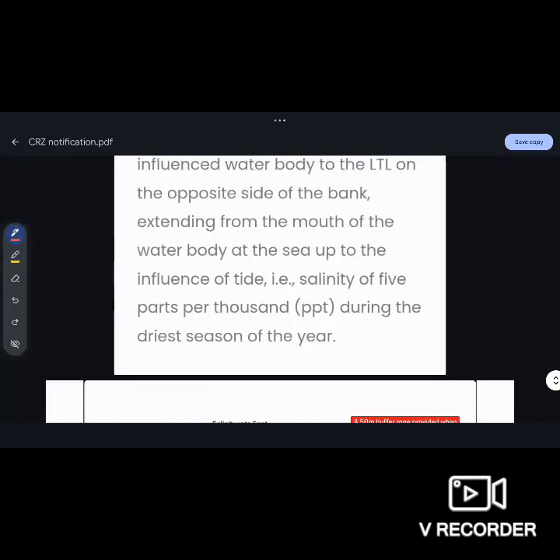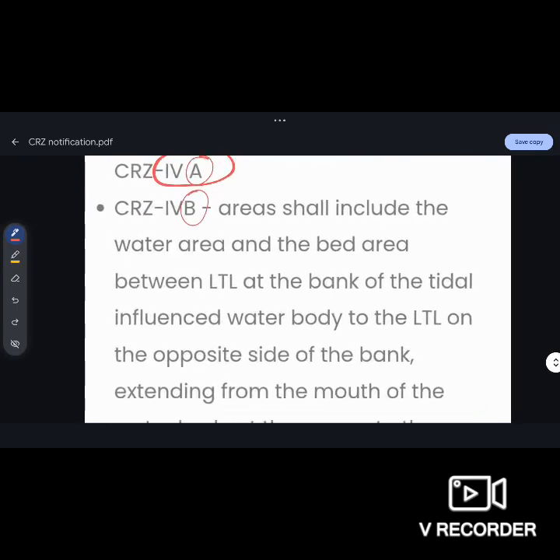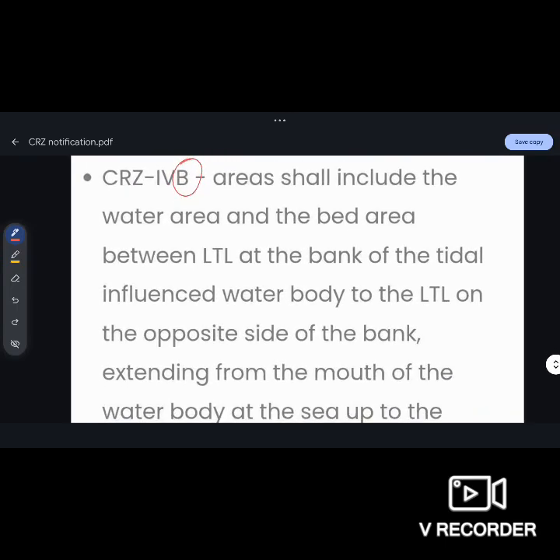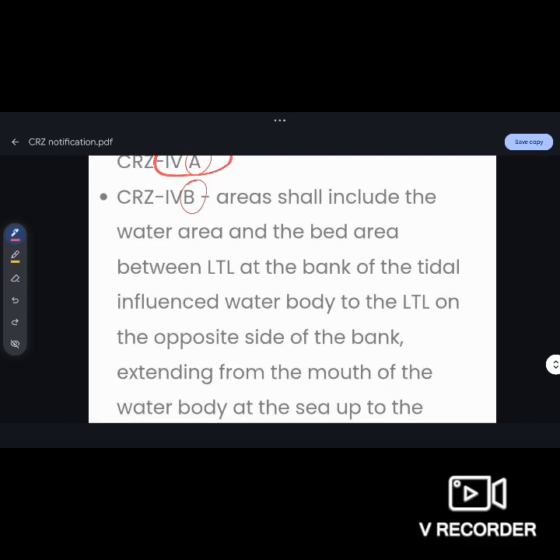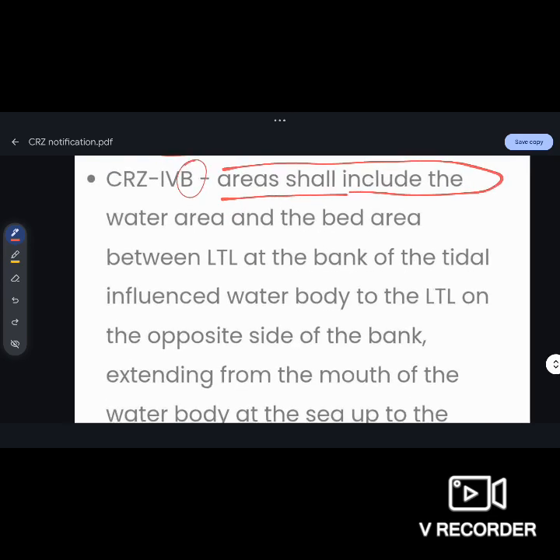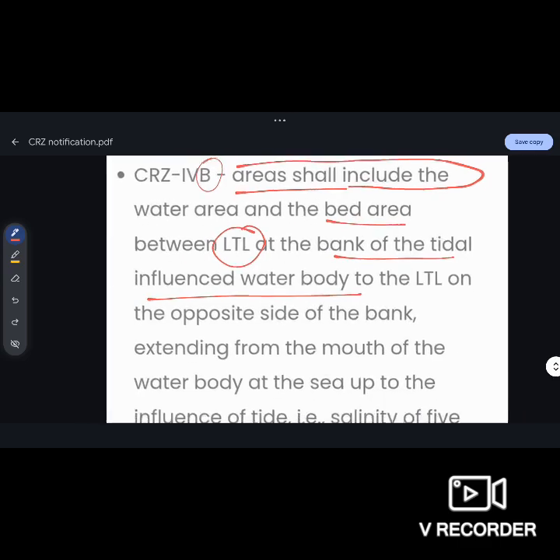Now we will discuss CRZ 4B. This comprises the water area and the bed area between the low tide line at the bank of the tidal influenced water body. A tidal influenced water body is basically a water body which is influenced by the tidal fluctuations.